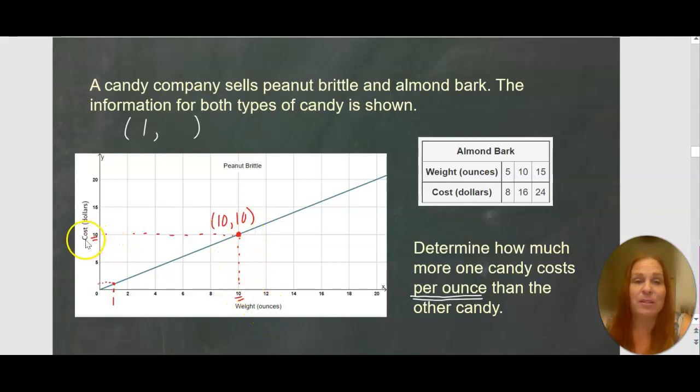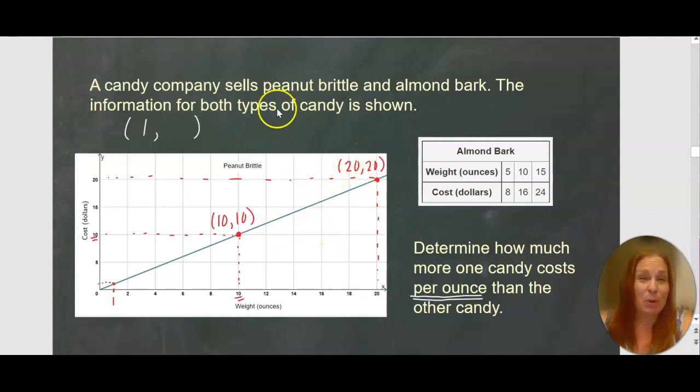My y value is $10. Oh, wait, here we go. Here's another point. So that point is, if I follow it down, 20, and then if I follow it across, also 20. So this point is 20, 20.